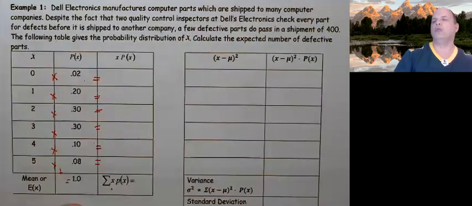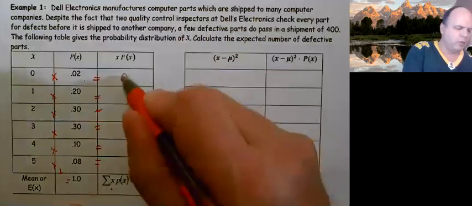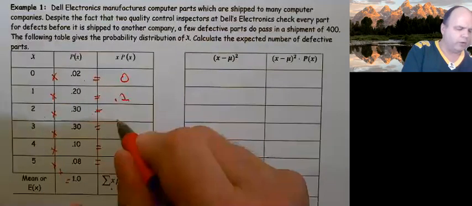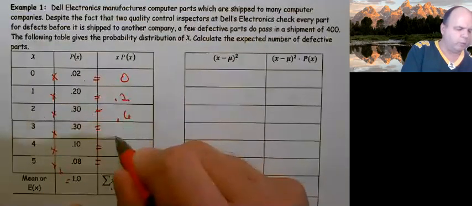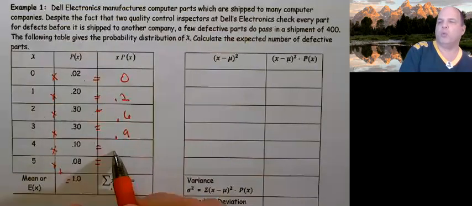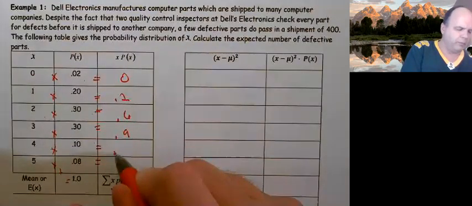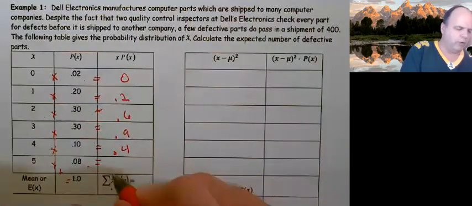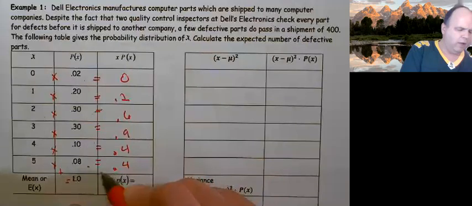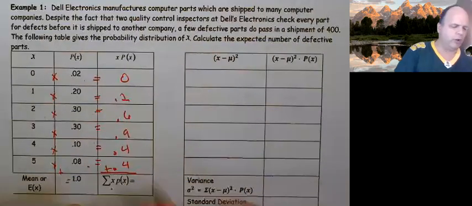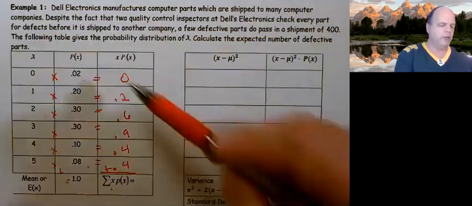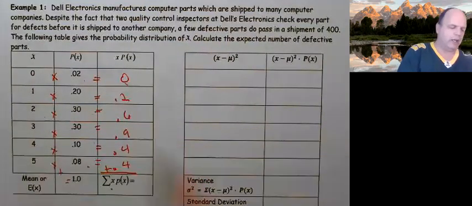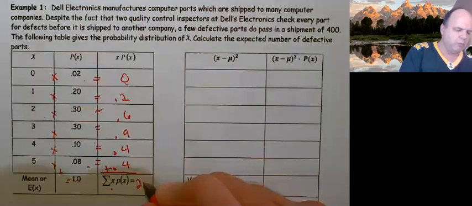So 0 times 0.02 is 0. 1 times 0.2 is 0.2. 2 times 0.3 is 0.6. 3 times 0.3 is 0.9. 4 times 0.1 is 0.4. And 5 times 0.08 is also 0.4. If I were to add up all of those values, I end up getting 2.5.